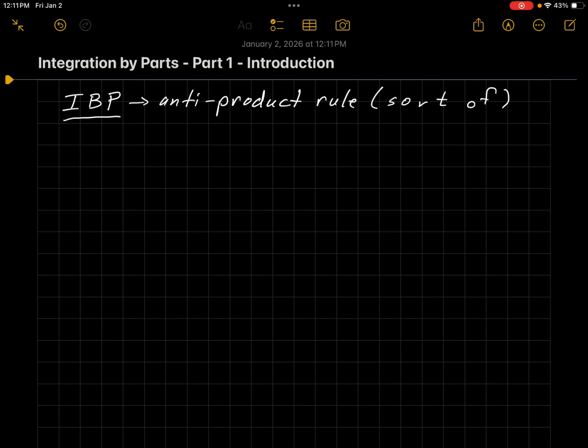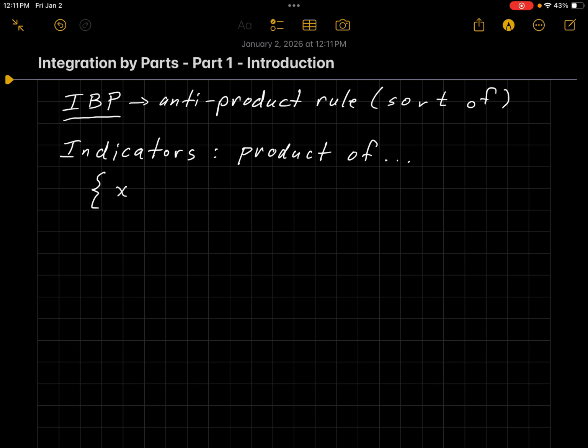Unfortunately, there's not a hard and fast rule, but there are some indicators, at least ones that I look for. The indicator is that the integrand is a combination or a product of the following functions, then I know it's probably going to be an integration by parts.